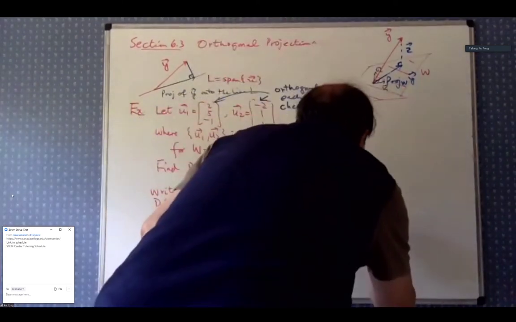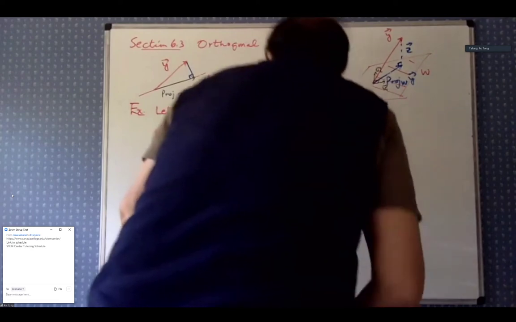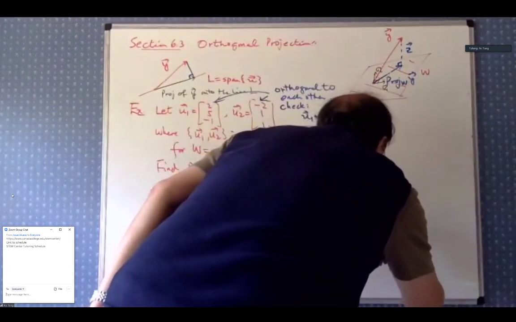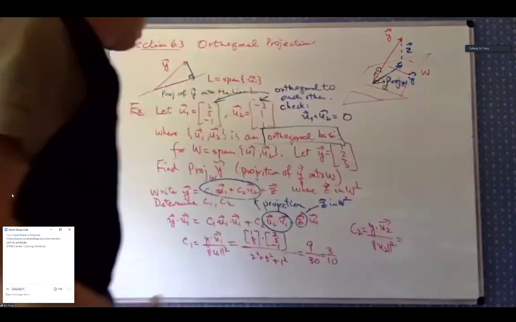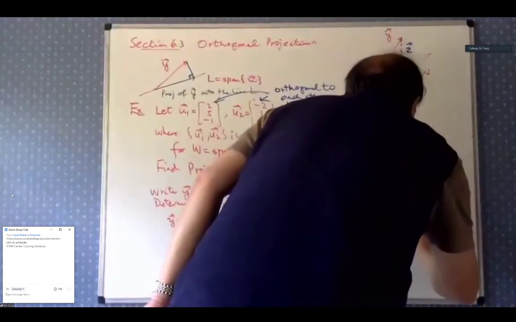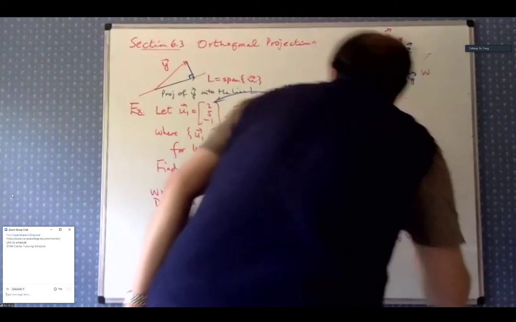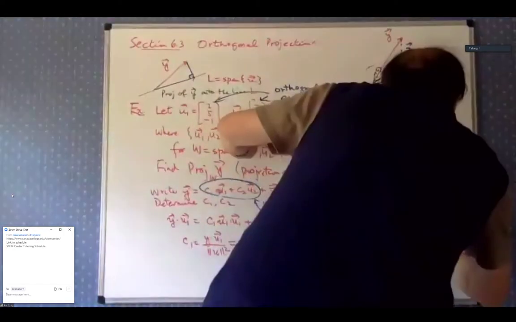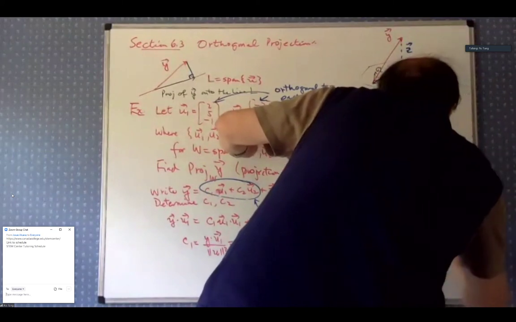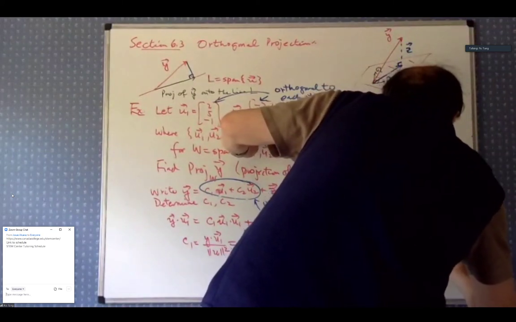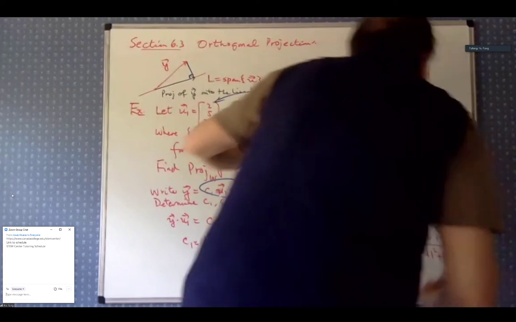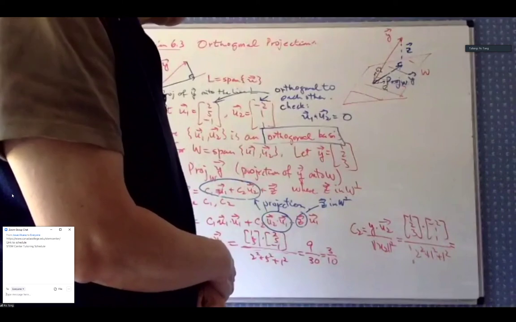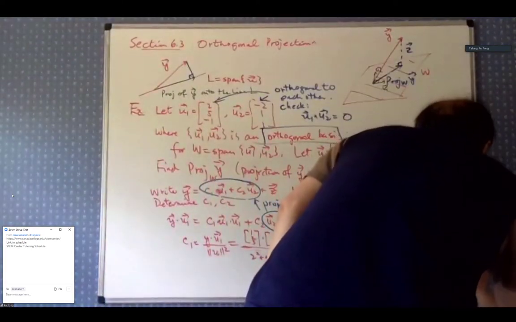C2 is going to be y dot U2 over U2 squared. y dot U2 is 1, 2, 3 dot U2, which is minus 2, 1, 1, over 2 squared plus 1 squared plus 1 squared. That equals 2 plus 3 is 5, 5 minus 2 is 3, 3 over 6, which is 1/2.